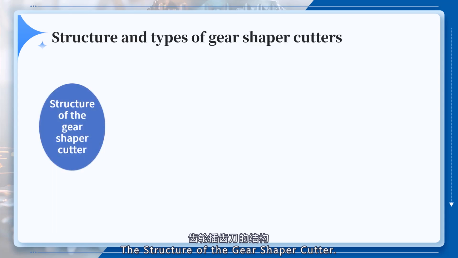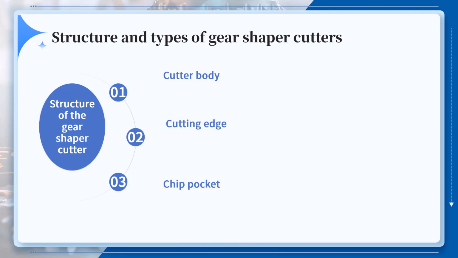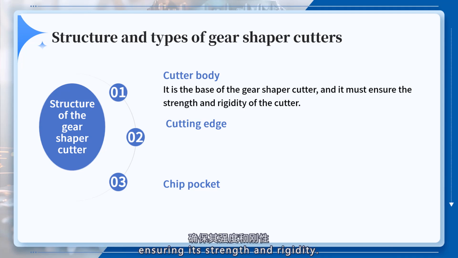The structure of the gear shaper cutter. A gear shaper cutter generally consists of the cutter body, cutting edges, and chip pockets. The cutter body serves as the base of the gear shaper cutter, ensuring its strength and rigidity.